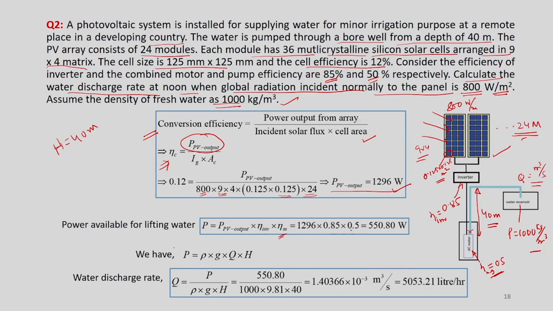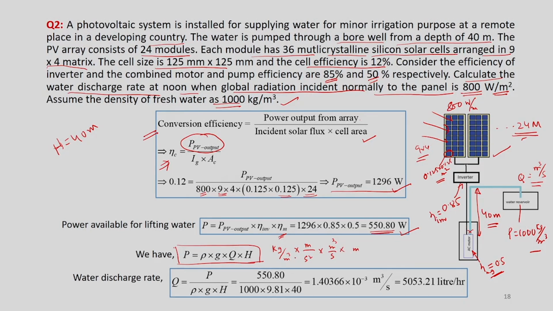Also, we know the power required to lift water is P equals rho g Q H. Rho is the density of water in kg per cubic meter, g is the acceleration due to gravity in meter per second square, Q is in meter cube per second, and H is the head in meter.